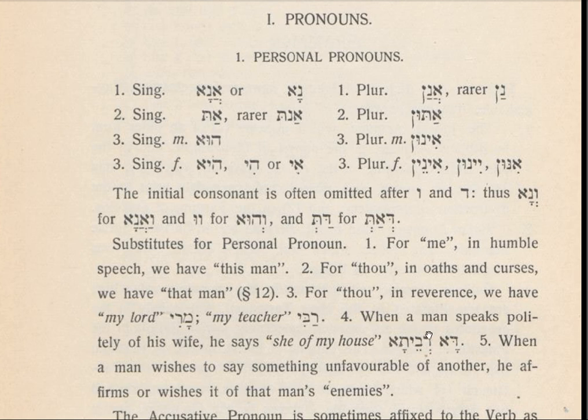When a man speaks politely of his wife, he says, she of my house. Da de beita. When a man wishes to say something unfavorable of another, he affirms or wishes it of that man's enemies.